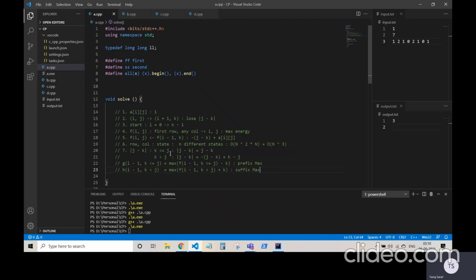So at every i comma j, if we want to find this f of i comma j, all we have to do is take the maximum of the prefix maximum, that is the function g, and add the current column value, that is plus j plus a i j, and then another case would be the suffix maximum minus the current column plus a i j.